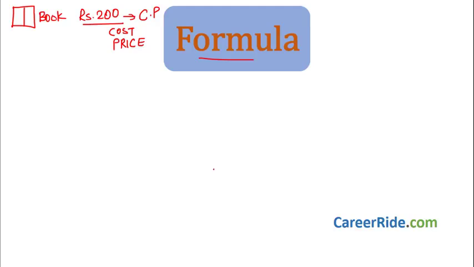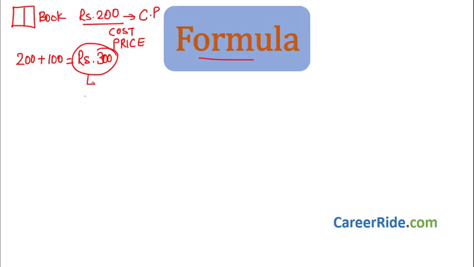Now, if you want to sell this book for say 100 rupees profit, you want 100 rupees profit after selling the book, what will you do? You will sell the book for rupees 200 plus the 100 rupees profit you want, that is rupees 300, right?